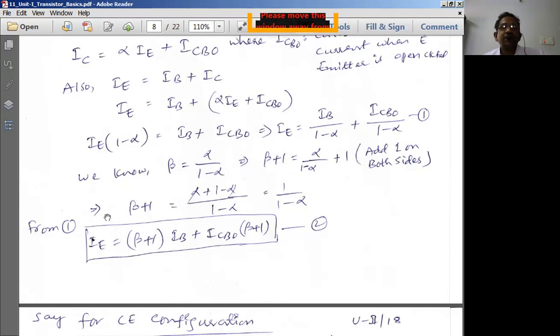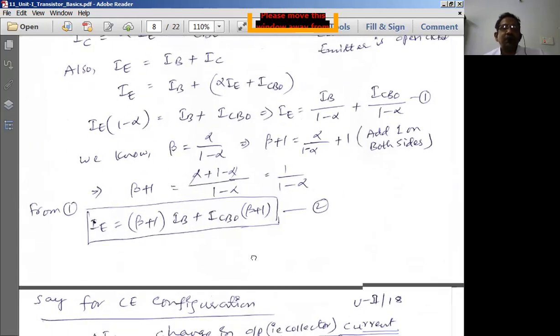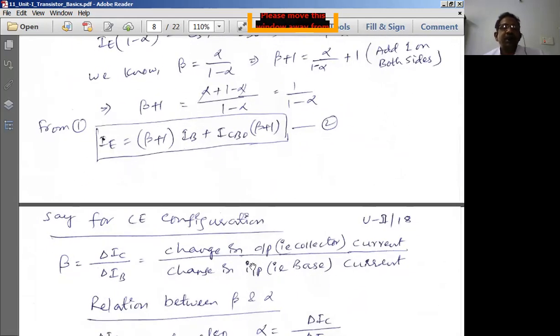By doing so, beta plus 1 becomes equal to 1 by (1 minus alpha). So in the IE equation, 1 by (1 minus alpha) is replaced by beta plus 1, plus ICBO into the same beta plus 1. This is equation number 2 for IE.